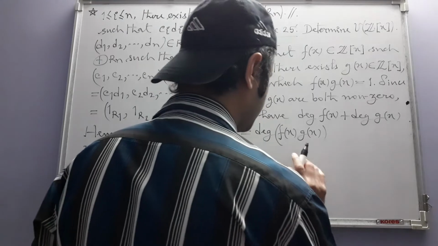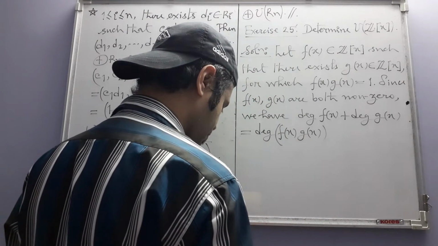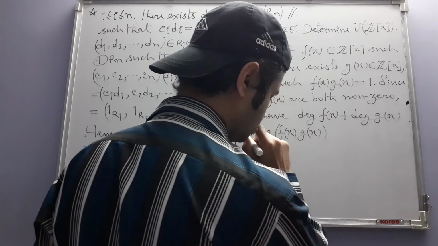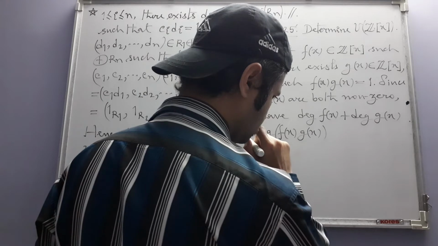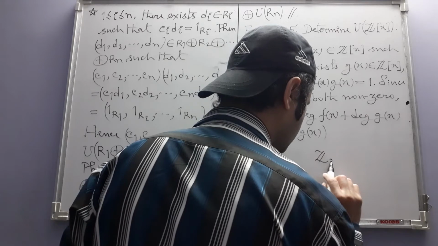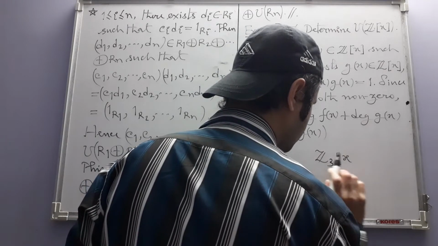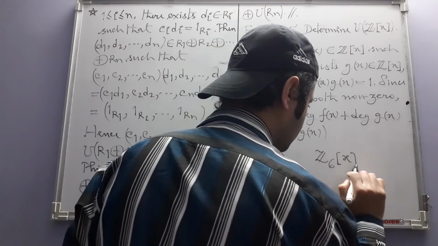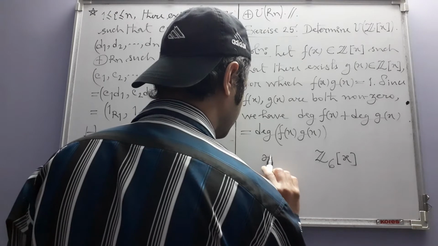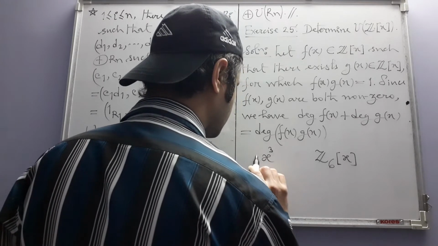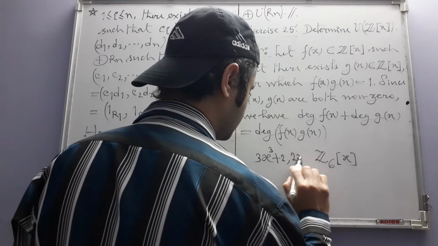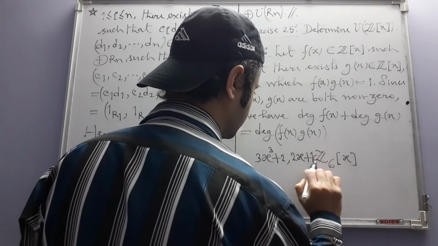For example, say in this polynomial ring you consider these two polynomials, 3x cubed plus 2 and 2x plus 1.